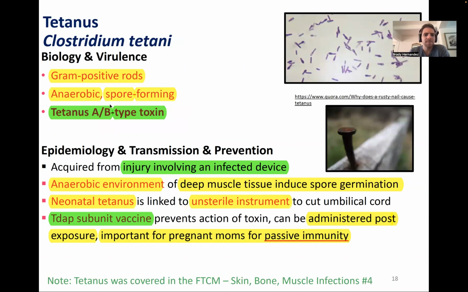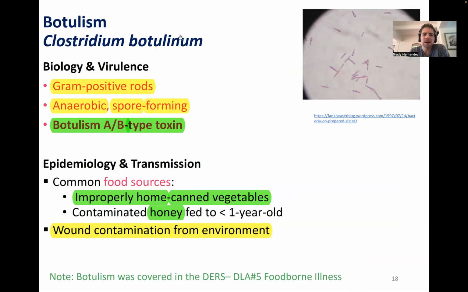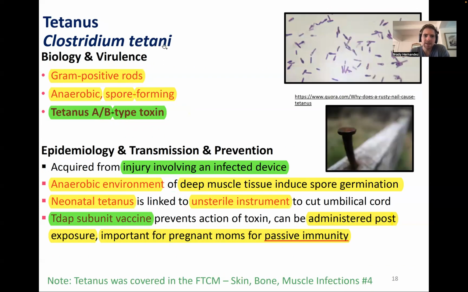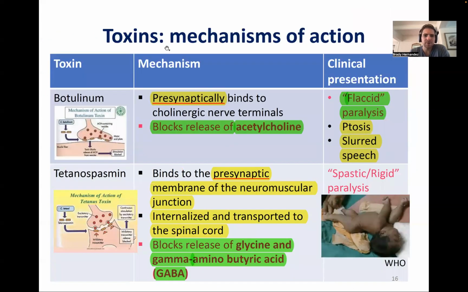And Clostridium tetani, that has that AB type toxin as well. And yeah, that's going to cause, you know, the spastic paralysis. If you're ever exposed to step on a rusty nail, they'll ask you when you got your last tetanus shot. Hopefully it's within the last 10 years. If not, you need to get one. Okay, so Clostridium opposites, remember botulism will be flaccid, tetani will be spastic paralysis.